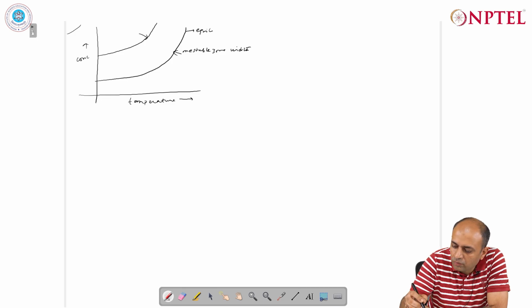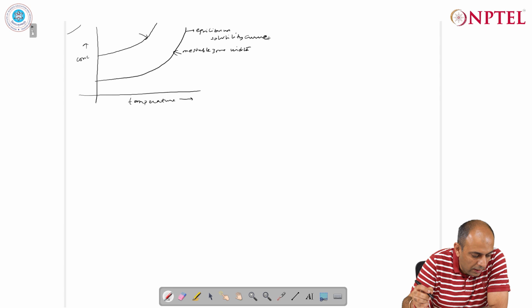This is the equilibrium solubility curve, and this is the unsaturated solution which is stable.